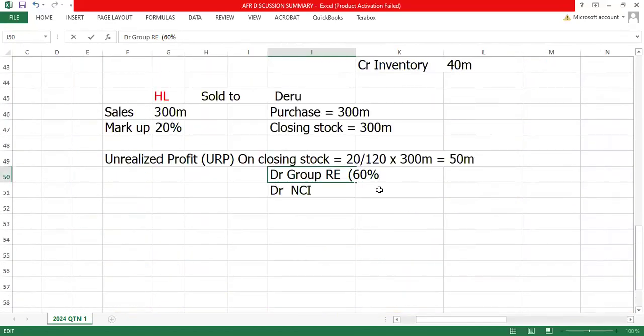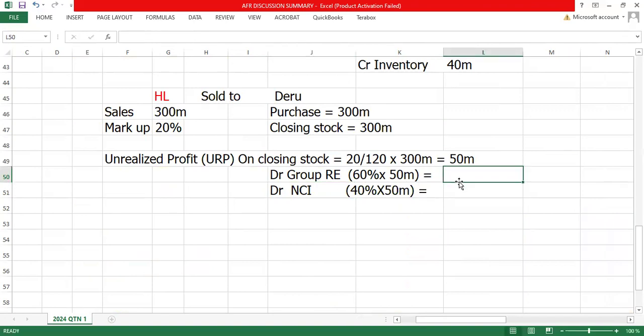This is 60% times 50 million. How much do you get? 30. NCI will be 40% times 50 million. Here you are getting 30 million, and here it is 20 million.